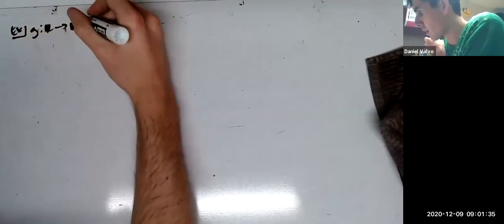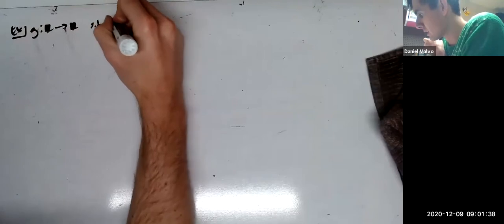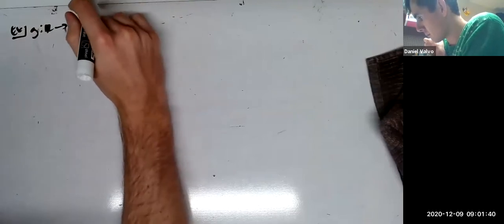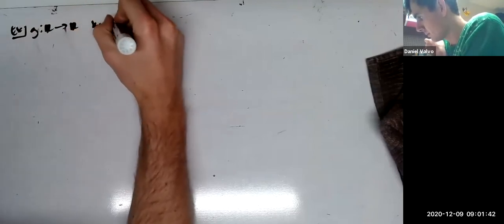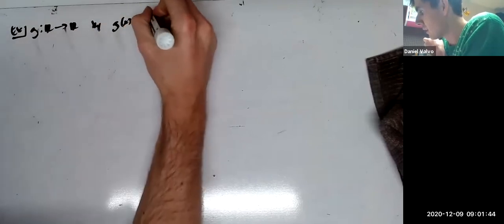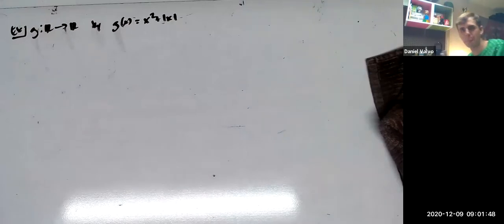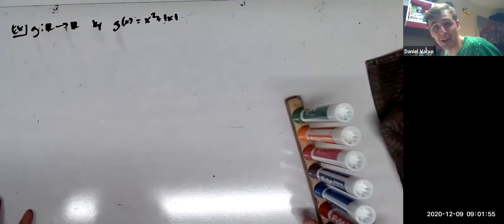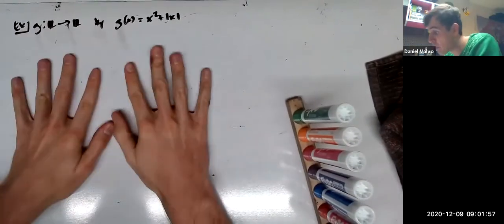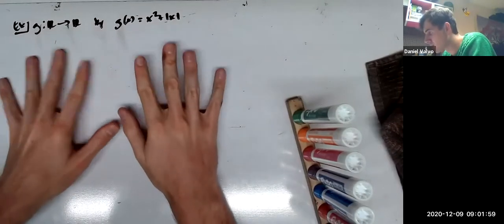Let's go from R to R such that g of x is equal to x squared plus the absolute value of x. So this is our function now.